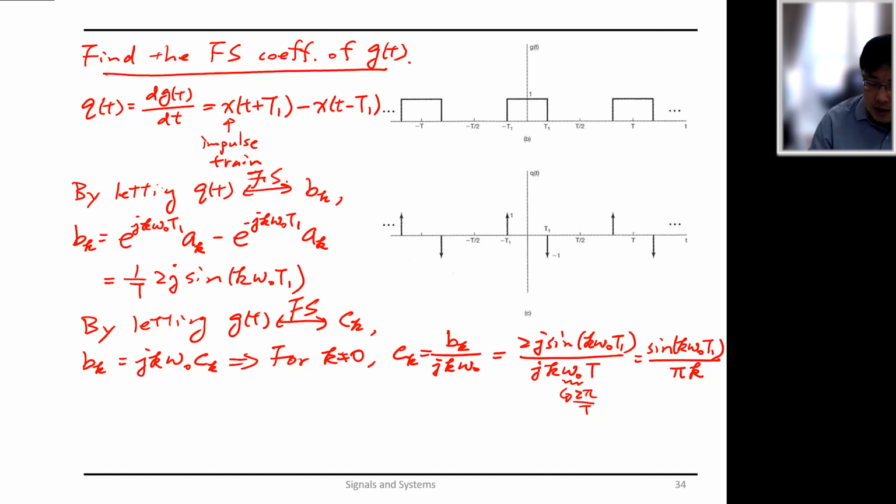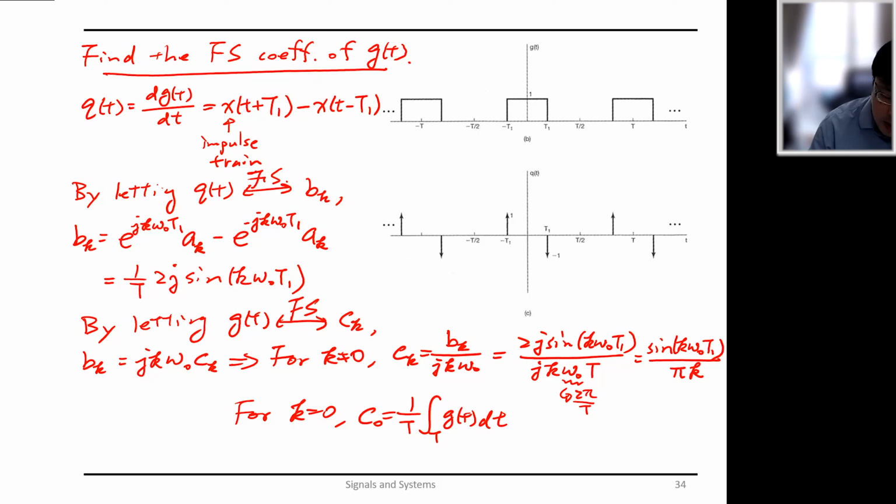Okay, and then for k equal to 0, we have simply c0 that is equal to the average of the signal over one period.